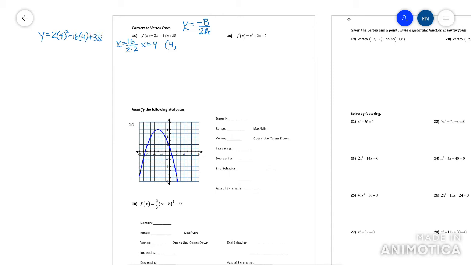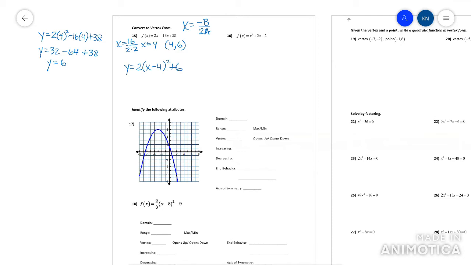So 4 squared is 16 times 2 is 32, minus 16 times 4 is 64, plus 38. So that's going to give you a value of 6. That's the y value of my vertex. And now I can write it in vertex form. Y equals, my a value was 2 from the original equation. Then make your vertex match. So 2(x minus 4) squared plus 6, like that.